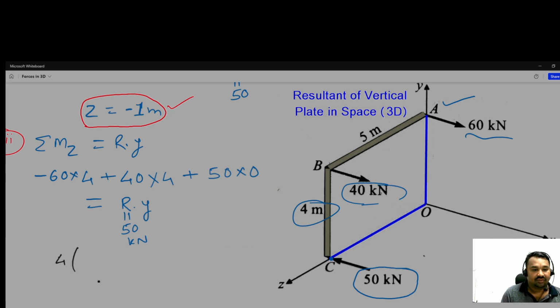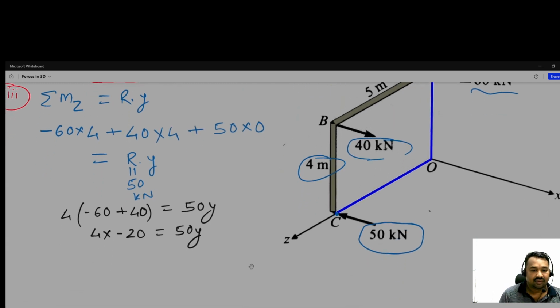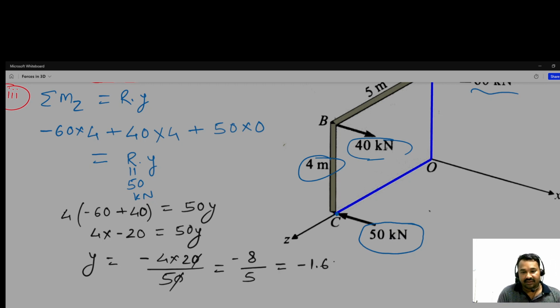We take 4 common, so 60 minus 40 is equal to 50 y, and then 4 into 20 is equal to 50 y, and then y is equal to minus 4 into 20 divided by 50, this is minus 8 divided by 5, which is equal to minus 1.6 meter.